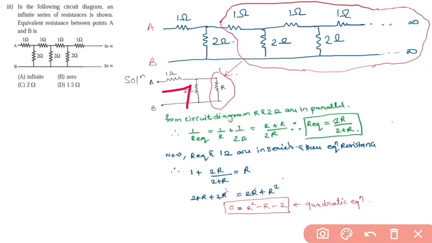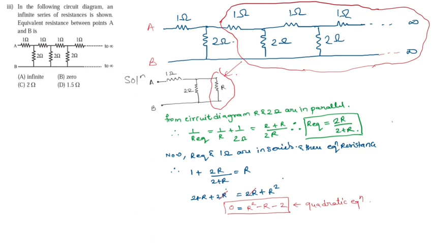From the circuit diagram, R and 2R are in parallel. So I am going to solve for R equivalent for R and 2R. I get R equivalent is equal to 2R upon 2 plus R. Now R equivalent and the 1 ohm resistor are in series combination.